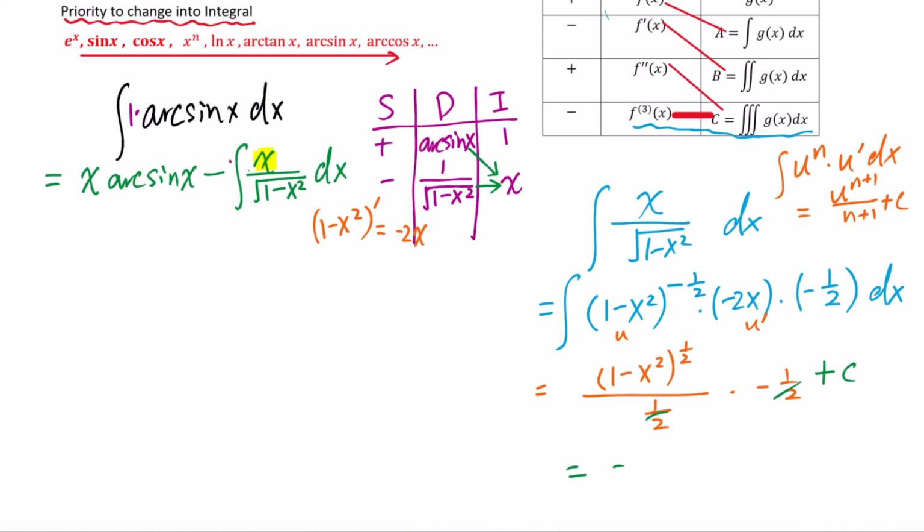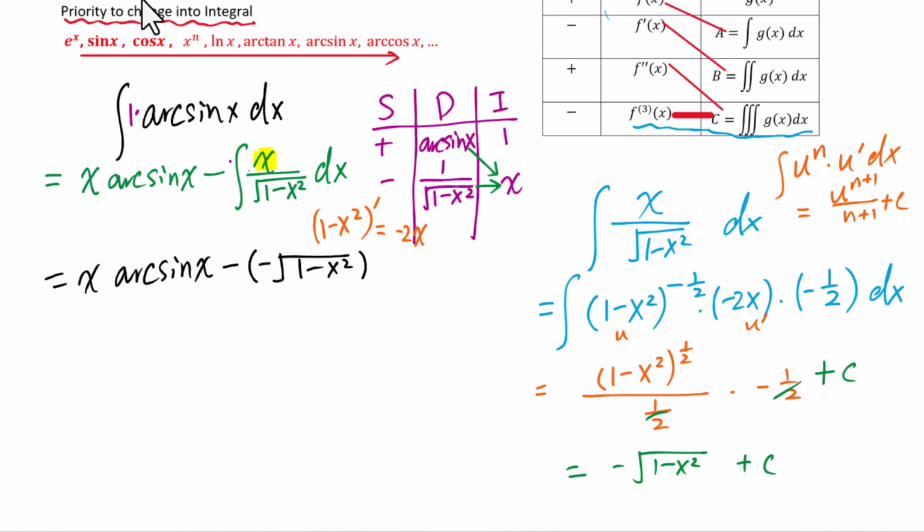We got negative square root 1 minus x squared plus c. So we get x arc sin x minus negative square root 1 minus x squared plus c. Simplify: x times arc sin x plus square root 1 minus x squared plus c.